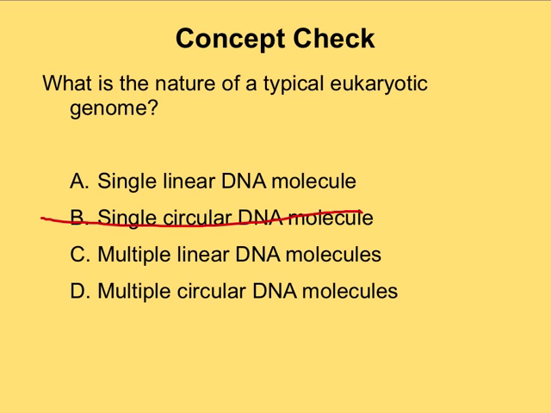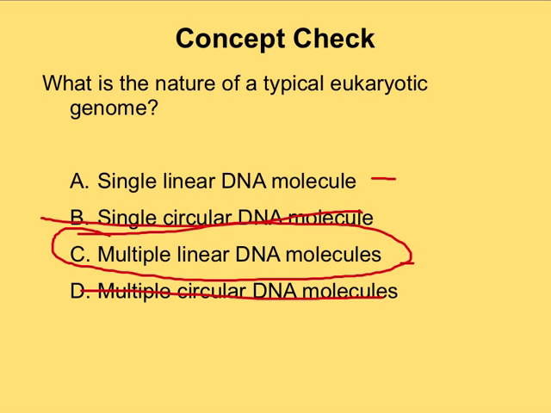And we know that eukaryotic chromosomes are linear, so we'll keep these two linear ones on. Now the question is, do we have multiple or a single linear? Well, as you probably already know, we have multiple linear DNA molecules, 23 pairs, totaling 46 chromosomes.